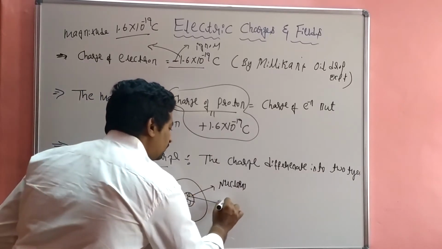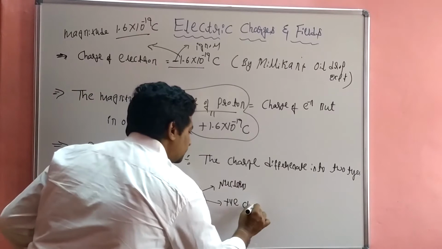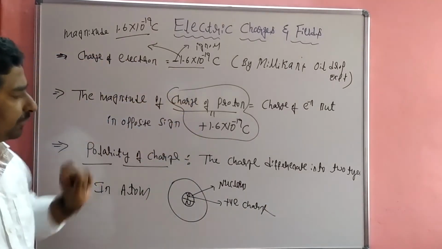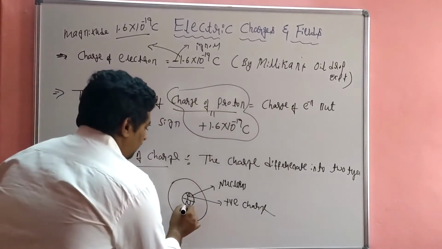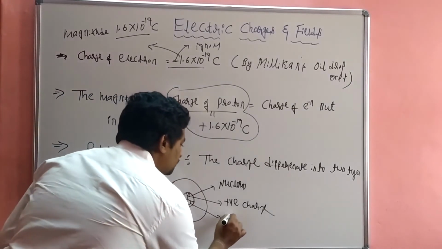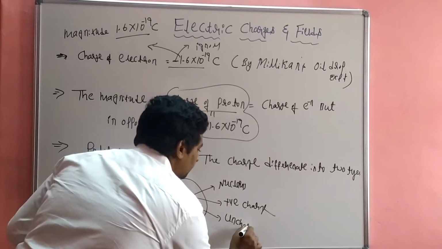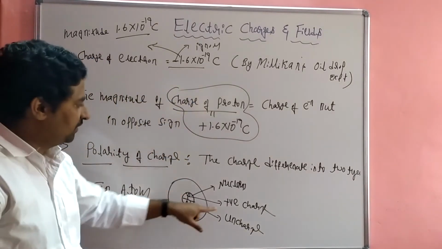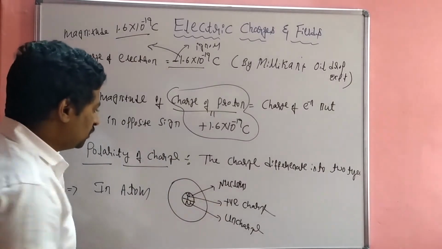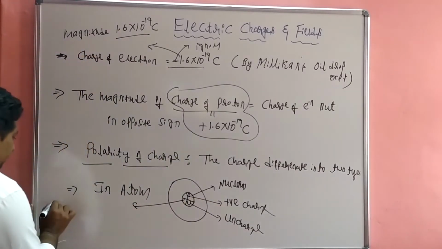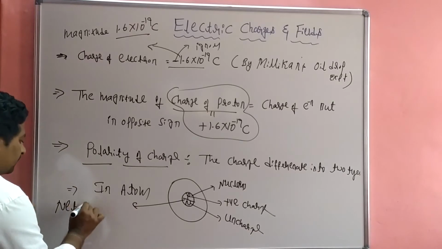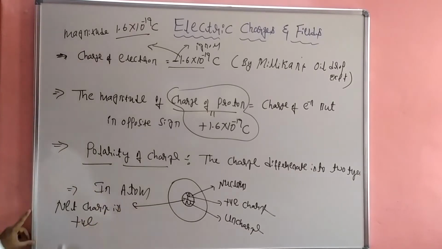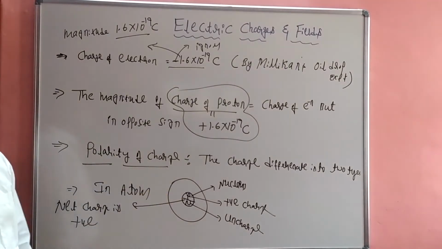The protons are positively charged, and neutrons are uncharged. So what is the net charge inside the nucleus? The net charge in the nucleus is positive.